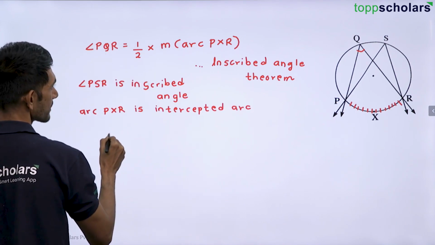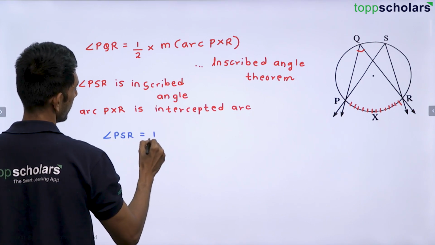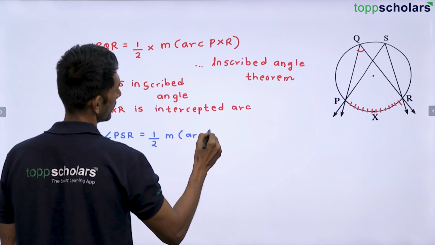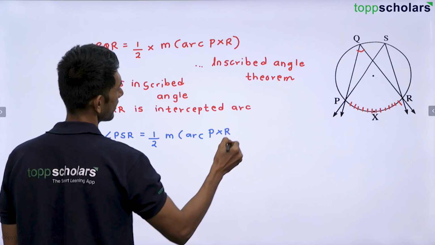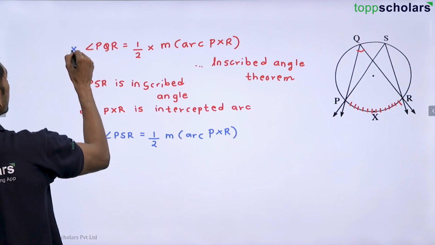Here can I say angle PSR is equal to half of measure arc PXR. Now observe these two statements, 1 and 2.